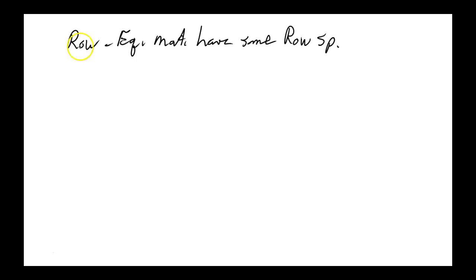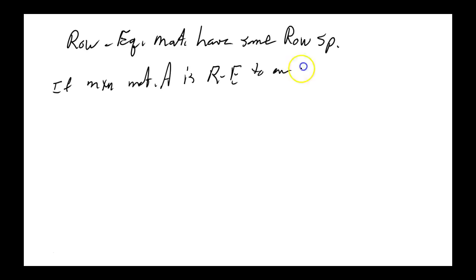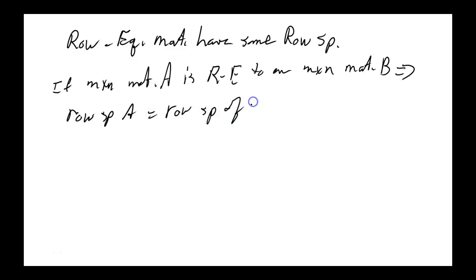Okay. So here's how they phrase it. If an m by n matrix A is row equivalent, remember, we used to call that RE, to an m by n matrix B, then the row space of A is equal to the row space of B. Back to your definition of row space.